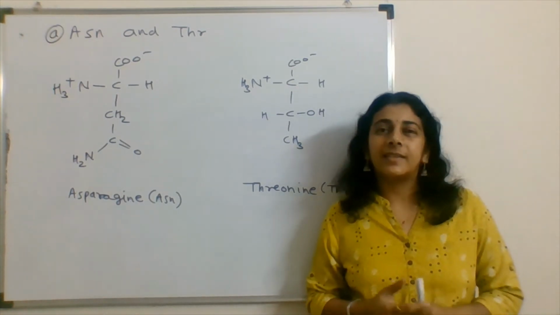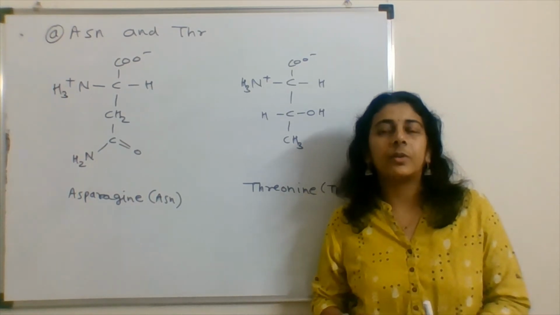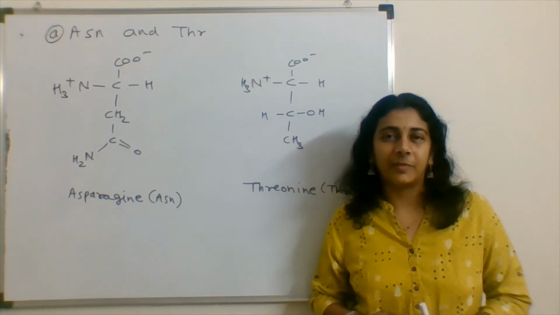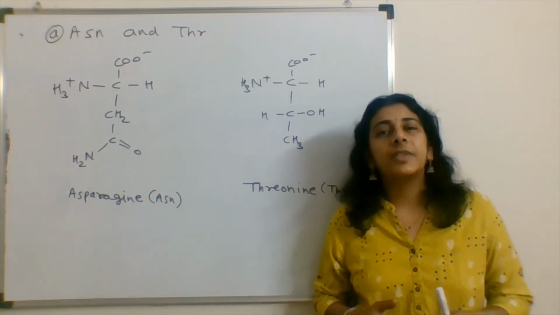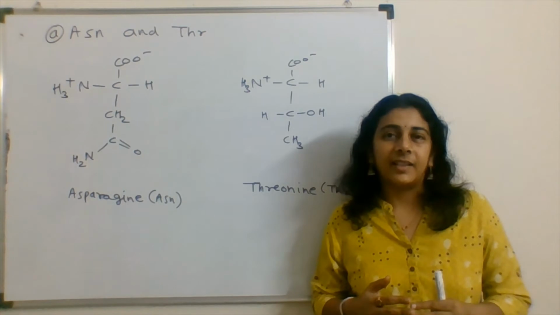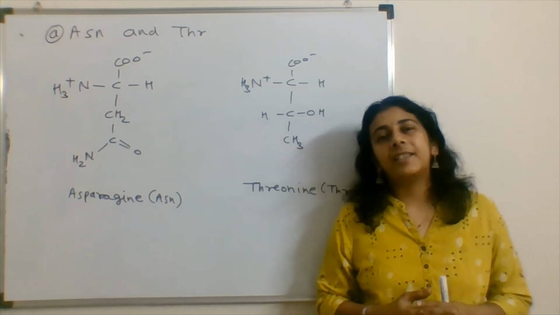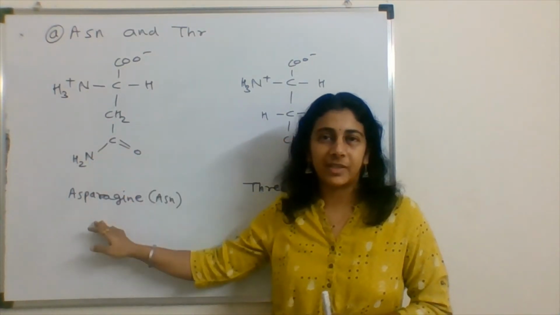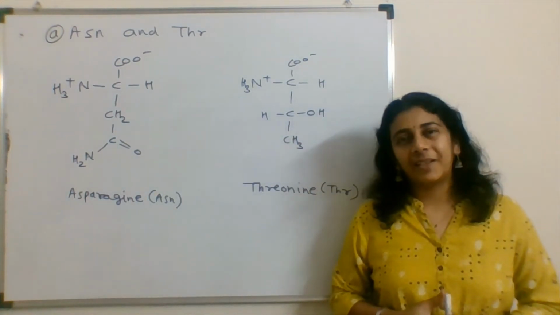When protein is synthesized, during the synthesis itself, it is translocated to the lumen of the endoplasmic reticulum. And to the lumen side, the glycosyl groups are added. There is a transfer of oligosaccharide having 14 residues of sugars. And these are added to this nitrogen present on this asparagine residue. That's why we call it N-linked glycosylation.